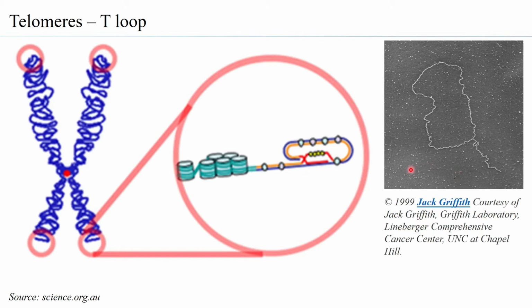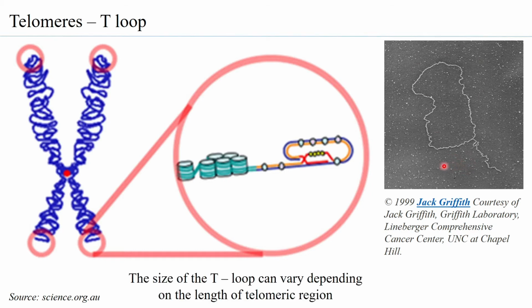There have been microscopic evidences of the fact that the T loops are formed. Jack Griffith in 1999 was able to actually show that the telomeric ends have what is called the T loop. And the size of the T loop can vary depending on the length of the telomeric region, and we already know that the telomeric region can vary in its length itself.